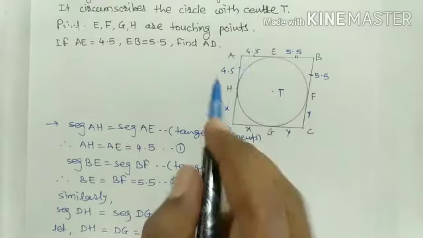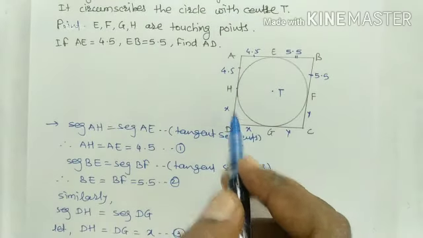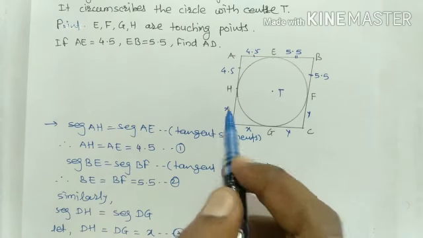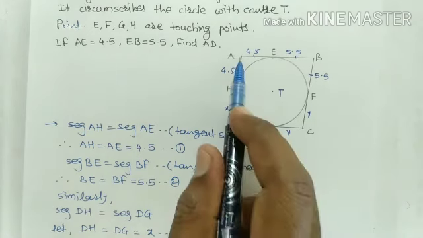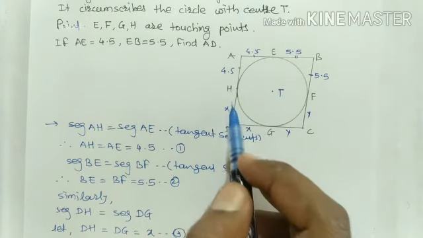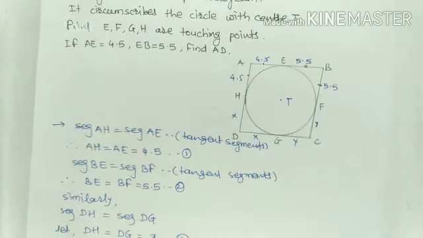Now we have to find the length of AD. Here length of AD equals AH plus HD. तर इथं फक्त आपल्याला x चीच व्हॅल्यू पाहिजे होती, y ची व्हॅल्यू काढायची आवश्यकता नाही. मग AD equals AH plus HD, that is 4.5 plus 5.5 equals 10.